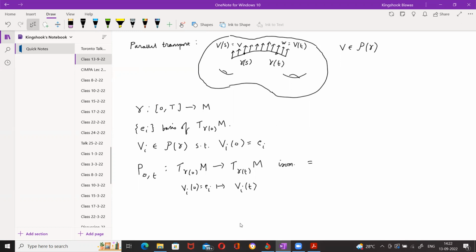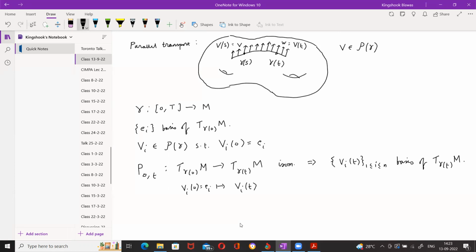So that means that for all T, V_i(T) will be a basis of the tangent space at gamma(T), right?